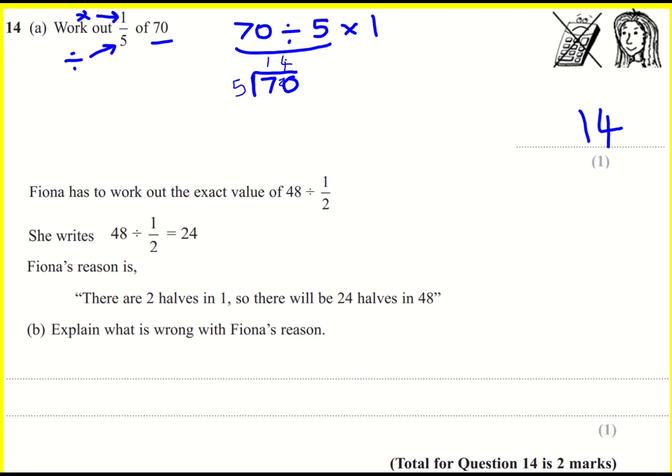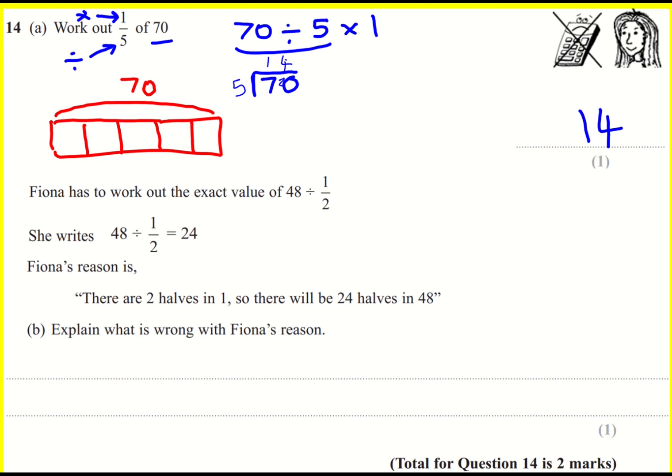The other way you can think about this is if you're a bit stuck in the exam, draw yourself a diagram. It doesn't have to be a work of art. I'm going to cut it into fifths. As I say, it doesn't have to be perfect. I'm imagining the whole thing is 70, and I want 1/5 of that.